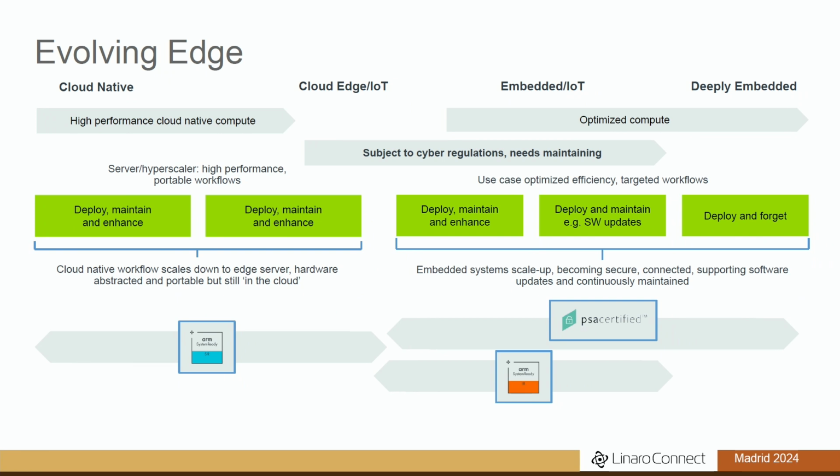In terms of the hybrid systems, there's this portion in the middle between what I'm calling embedded IoT and cloud edge IoT, where people are beginning to develop these SoCs that have both the elements from the application side and the embedded side.